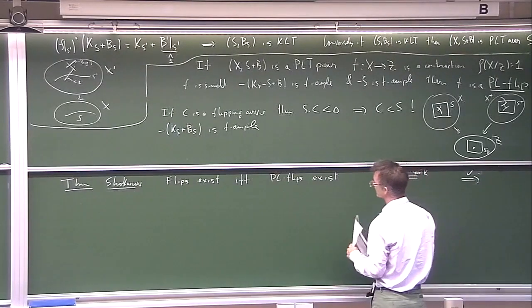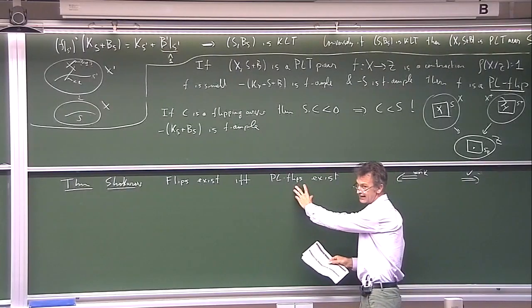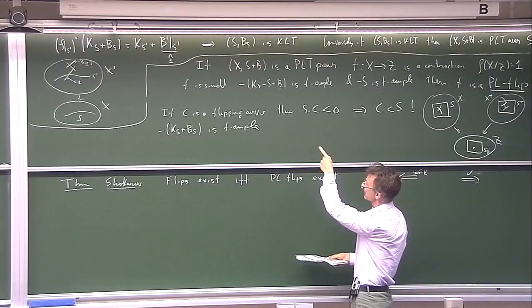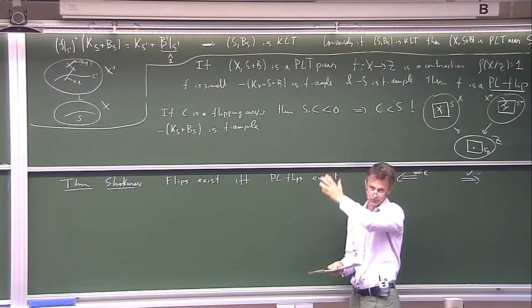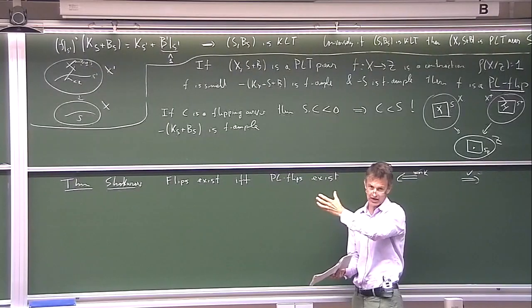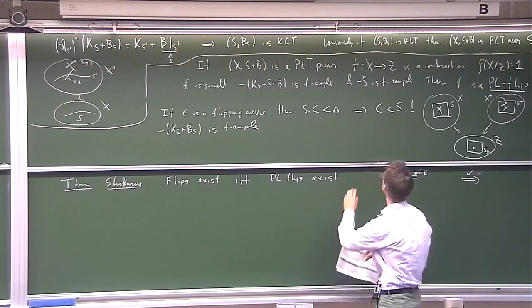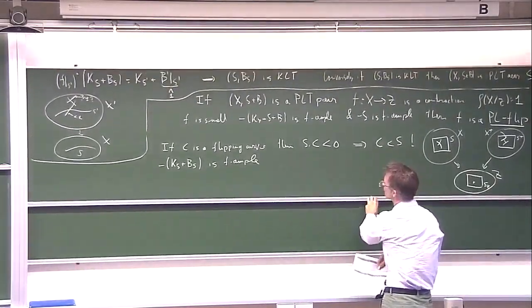So one direction is trivial because if you have a PL flip, then it is also a KLT flip by the argument I told you. You replace S by 1 minus epsilon S. The map will still be a flipping contraction. It will still be negative with respect to that divisor. Right? So where is the condition?